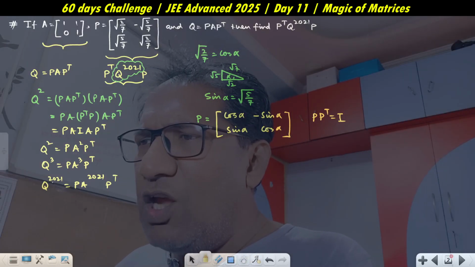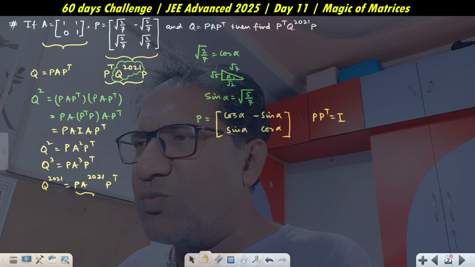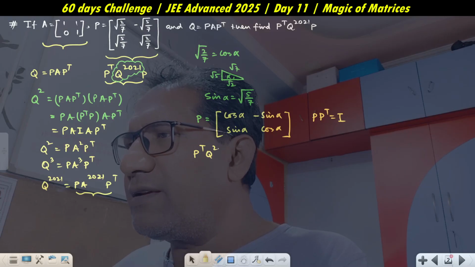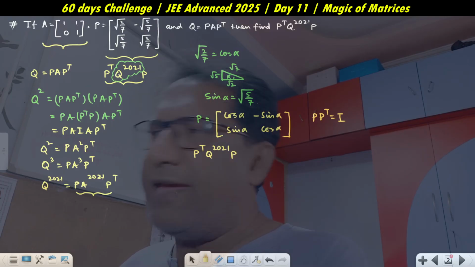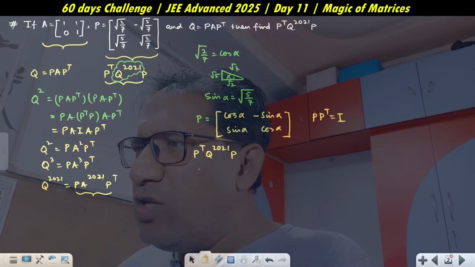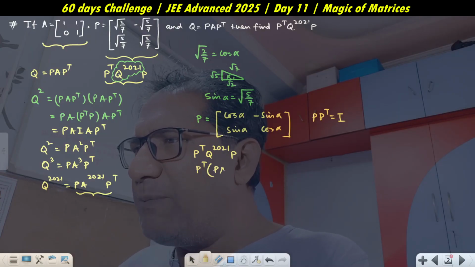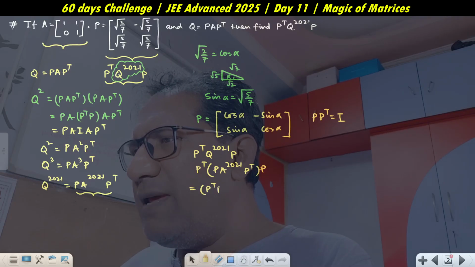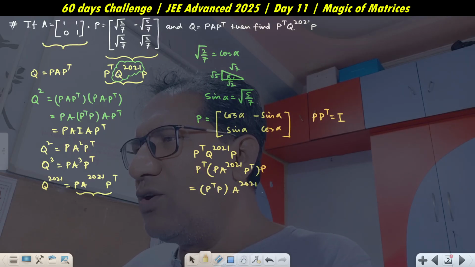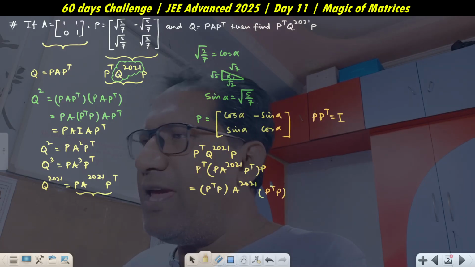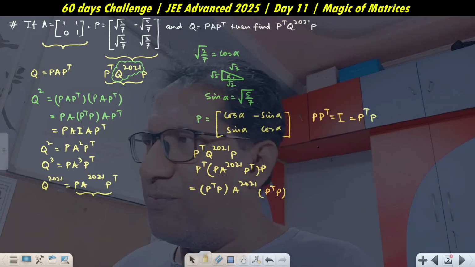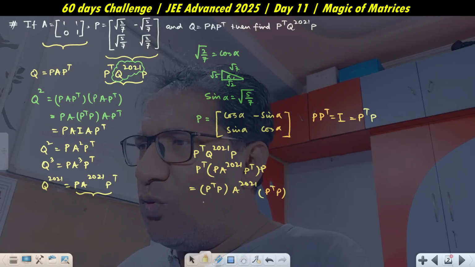Okay, so we got Q to the power 2021 as this. Now we have to find out the value of P transpose Q to the power 2021 P. So in place of Q to the power 2021, I can write P A to the power 2021 P transpose P. Now if I open the bracket, it will be P transpose P, A to the power 2021, P transpose P. Again, P P transpose is the same as P transpose P because they are commutative, and that is equal to your identity matrix.